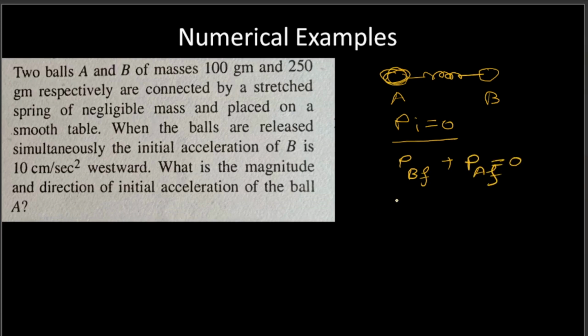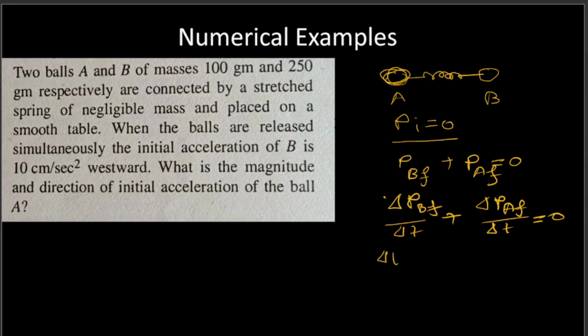So what is force? Force is the rate of change of momentum. We can take the derivative of this equation with respect to time t. So simply this is equal to del P B final by delta t, and this is del P A final by delta t, is equal to 0. So if delta t tends to 0, you can replace delta by d.